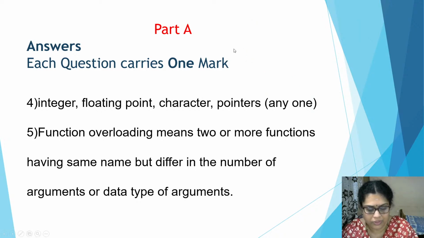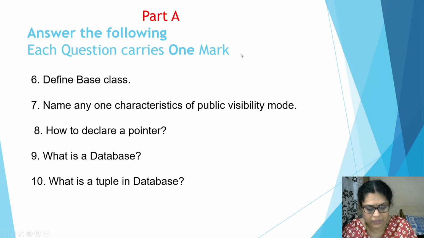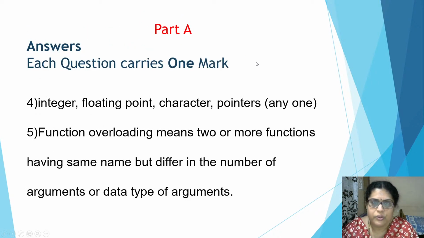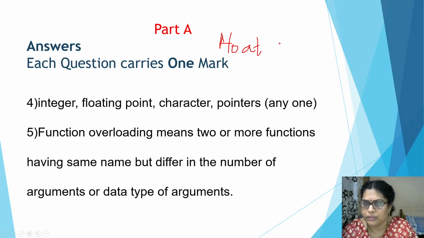So here I'm having 2 values. float print, and I'm going to print 2 values, float a, comma float b, and then in this one you can write cout less than a less than b.